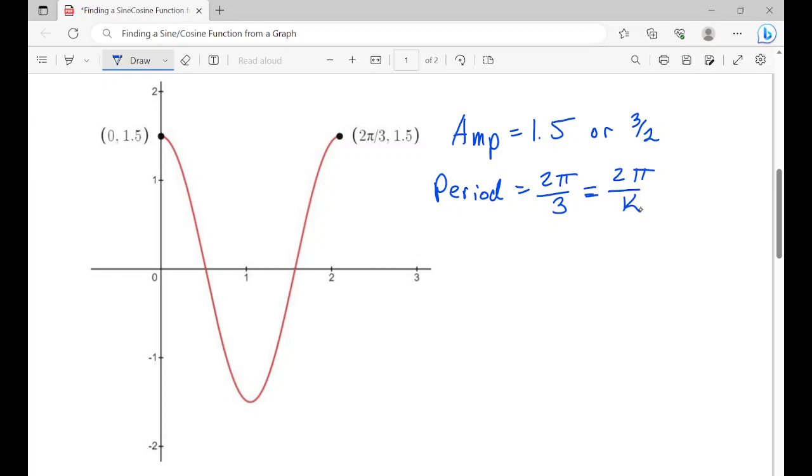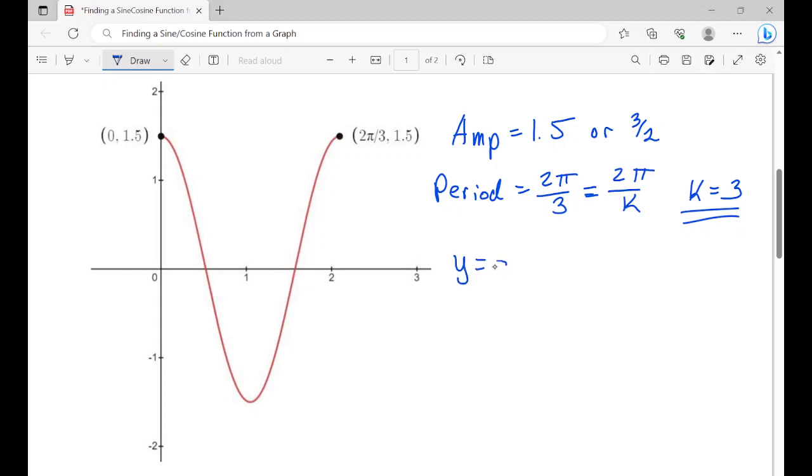So what does k have to be to get 2 pi over 3? k would have to be 3. And again, this is starting up here on the y-axis, so I'm going to assume that there is no phase shift. So starting up here, going down and going back up again, I feel confident no phase shift, and still sticking with a cosine function.